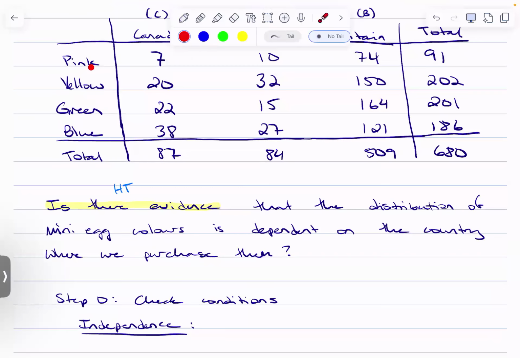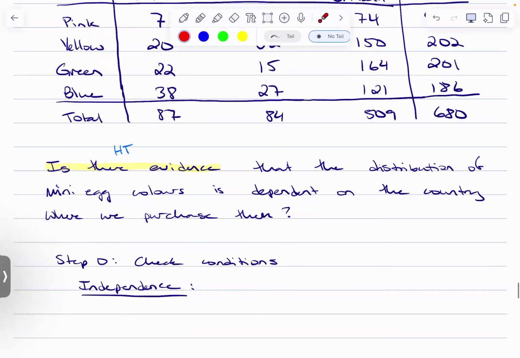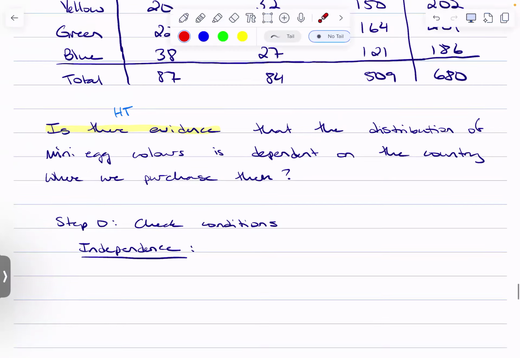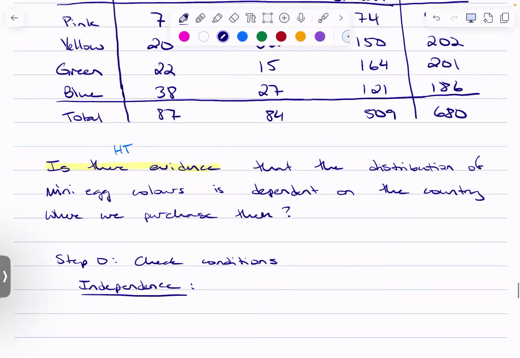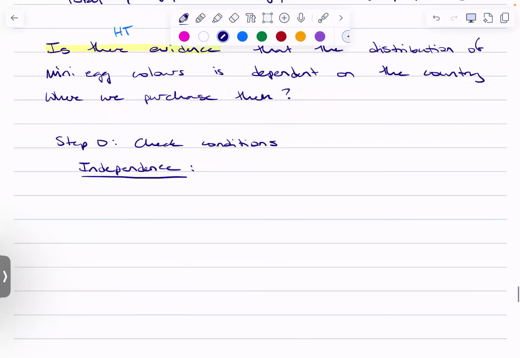We assume that a mini egg can only be one color, right? Obviously, there are kind of manufacturing faults, but then you would probably just pick a predominant color and put it in that category, right? Or just eat it and forget about it. Move on. Only use the ones that can fit into one of those 4 colors.